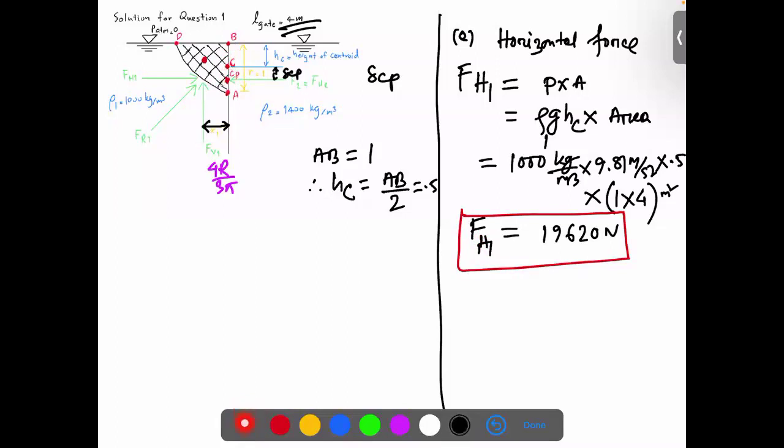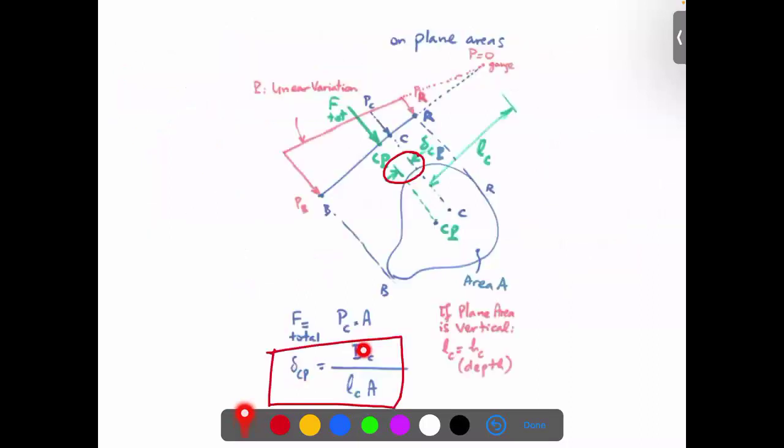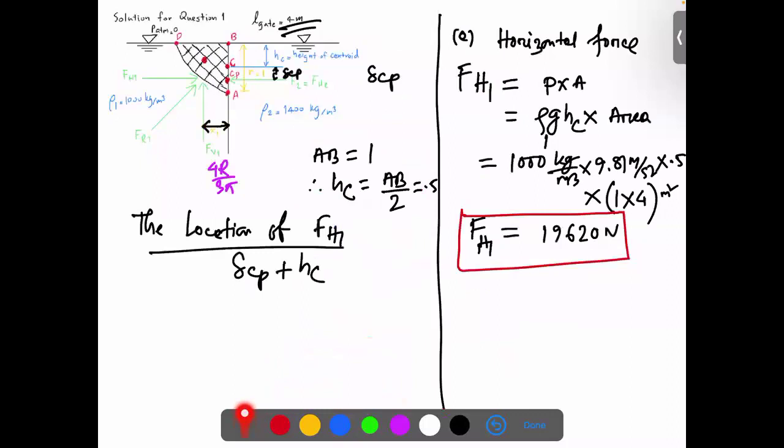So the location of F_h is delta Cp plus h_c. This h_c is the height of the centroid, and delta Cp, we said, is this distance. From the next slide, we said delta Cp is Ic over L_c A. So substitute this value, or we can just calculate it like this.